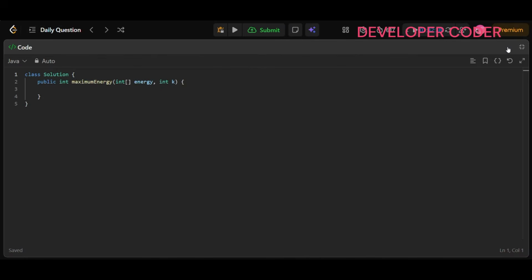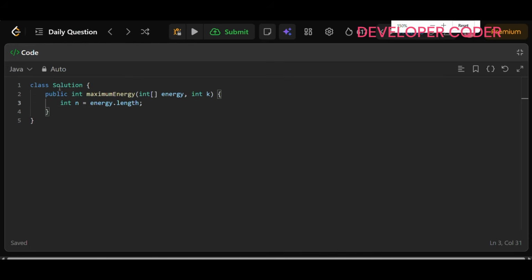All right. Let me just maximize the screen. So the first thing that you need to do here is to calculate the n value for this energy array, right? Int n is equal to energy dot length, and then after that, this is step one, nothing but the bottom up update, right?